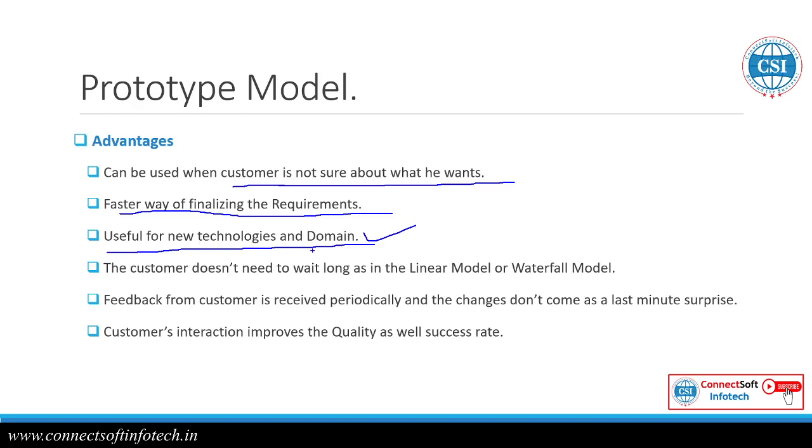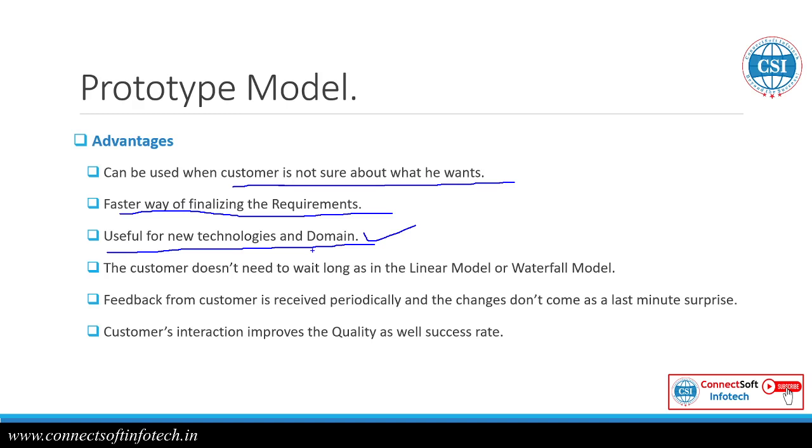Any new domain, for example the blockchain domain. Everyone knows the e-commerce concept. Okay, what we need in e-commerce websites or applications, everyone knows, and what is required in the banking domain. But for a new domain application, one customer has a new business idea, a unique business idea, and is not sure about the requirements. At that time this prototype model will work.